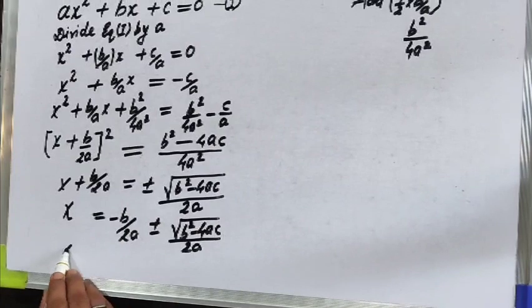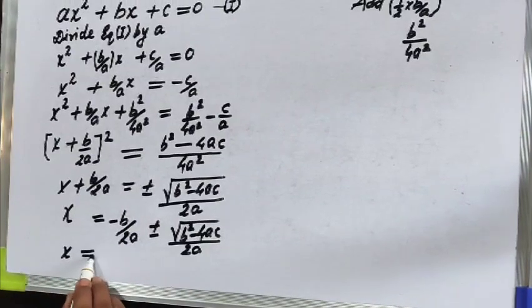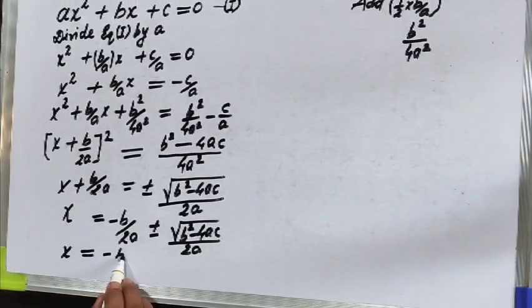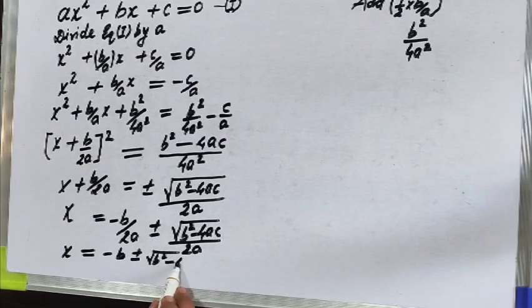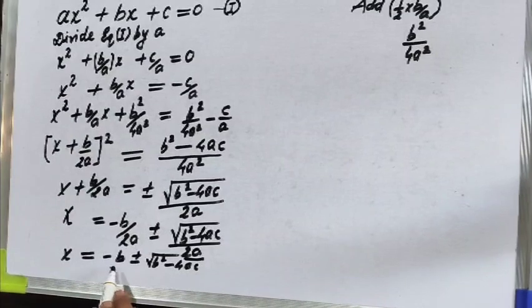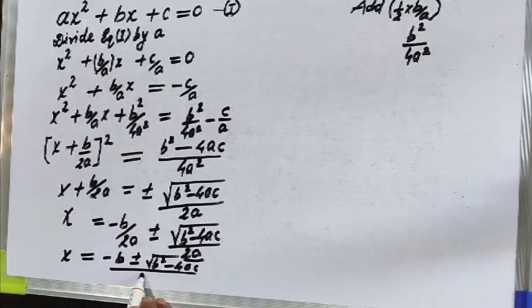Finally, you will get the expression x equal to minus b plus minus under root of b square minus 4ac whole divided by 2a.